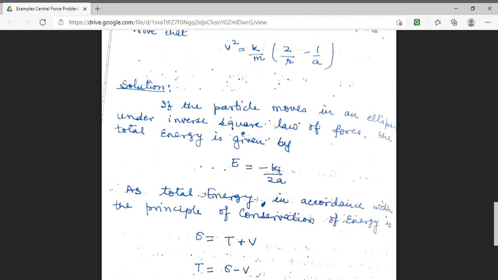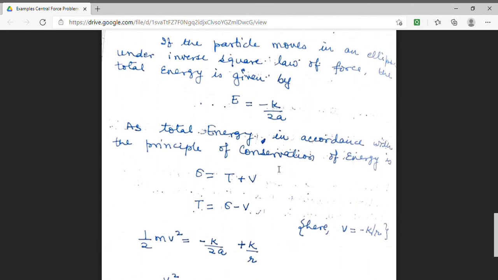We know that E is the total energy, and total energy means, according to the conservation laws, kinetic energy plus potential energy. Hence from this we can determine the value of v square with the help of kinetic energy. The kinetic energy T will be E minus V.